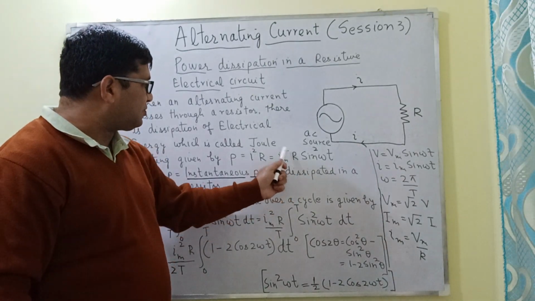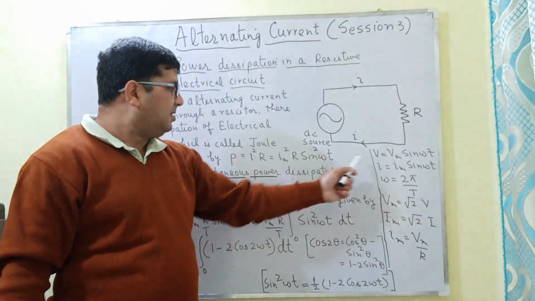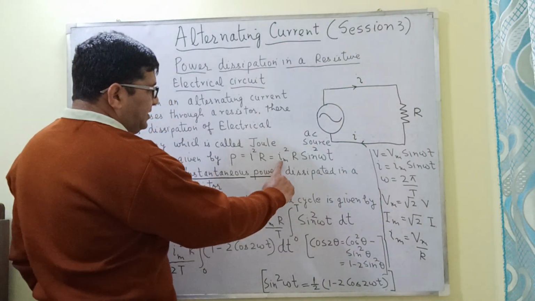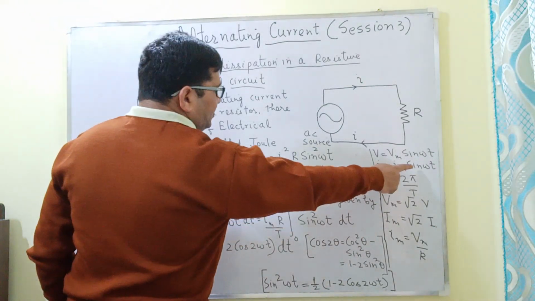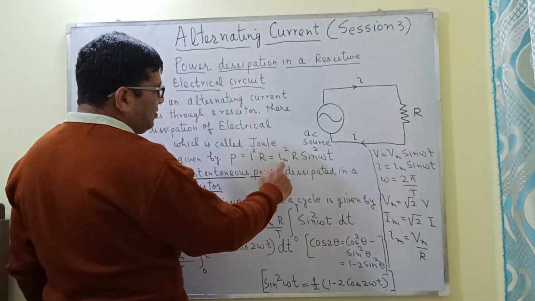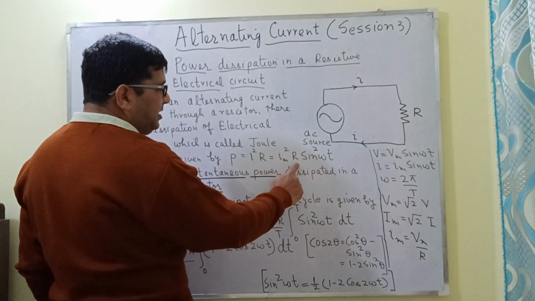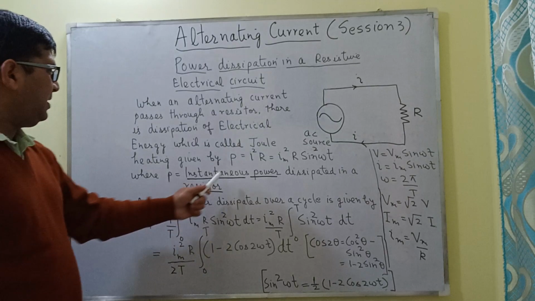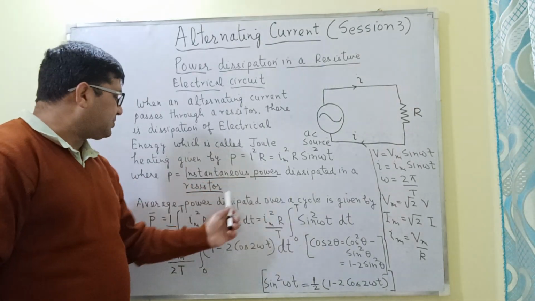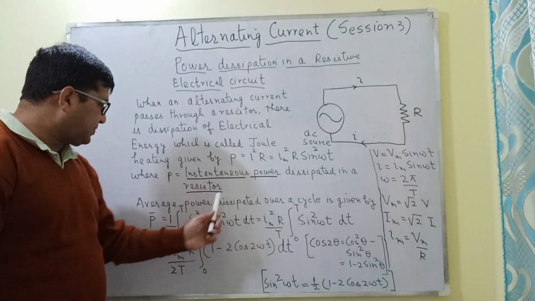So I got Im square R sin square omega t, that is, I is equal to Im sin omega t whole square. So this will be equal to Im square sin square omega t into R. So this is the instantaneous power which is dissipated in a resistor.